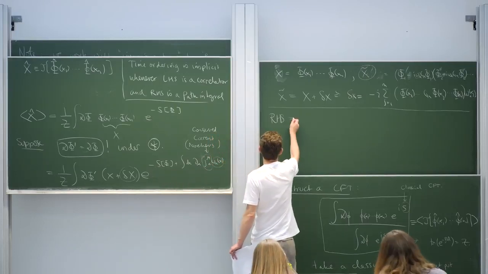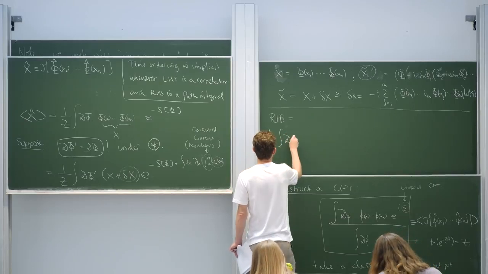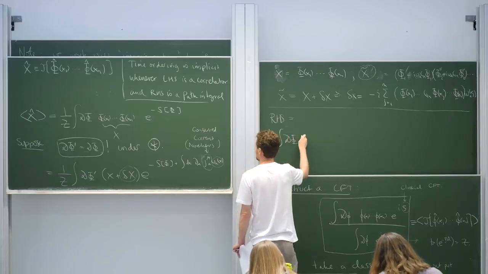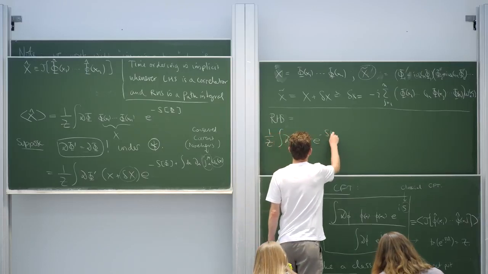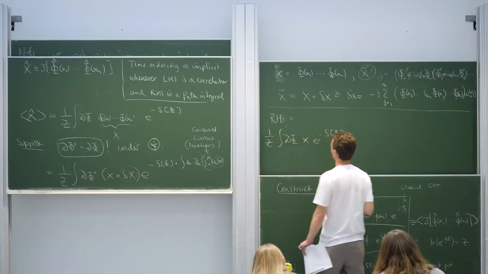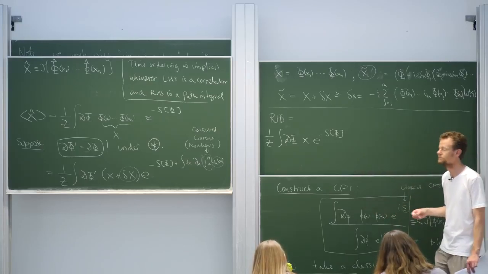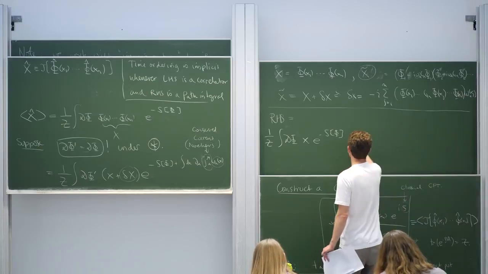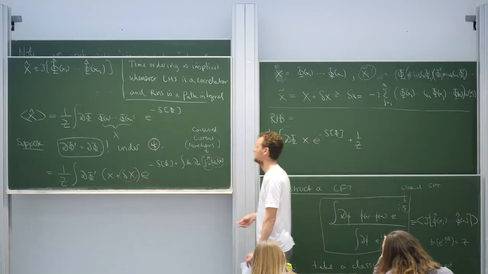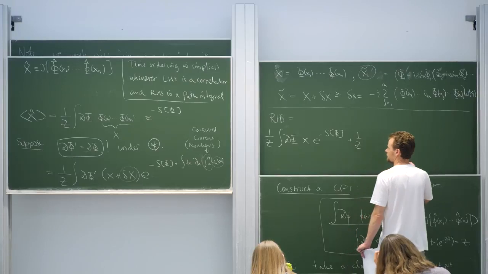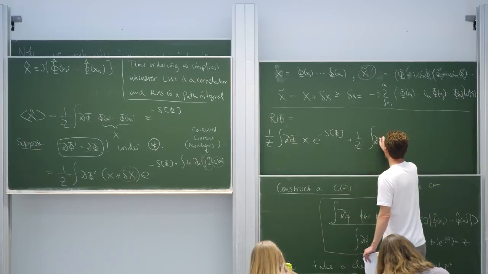So the right-hand side equals 1 on z, the integral d phi x e to the minus I s of phi. That's the order 1 term. So that's our original correlation function. Plus, now let's do this order omega contribution here.